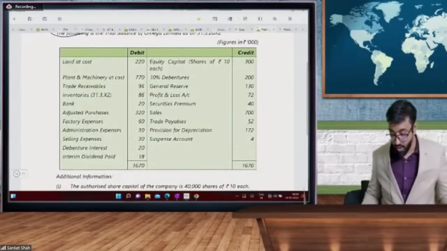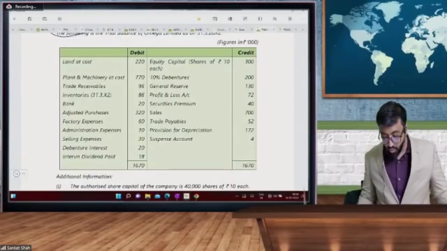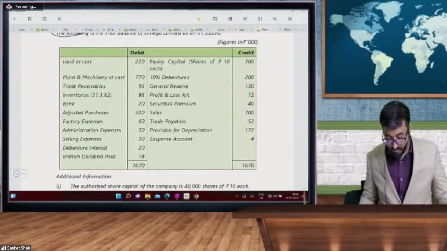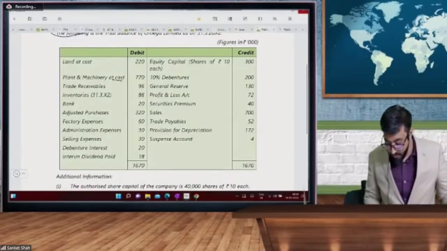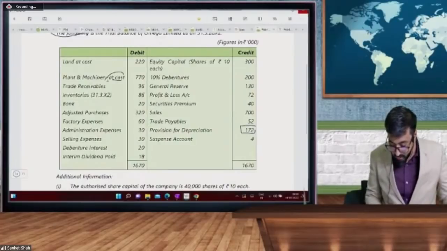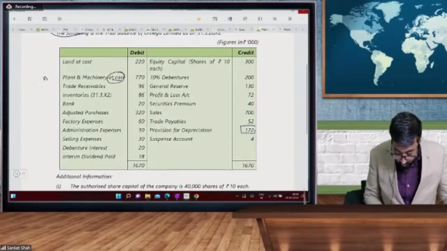Land at cost. Some important points I will give you at the end. Plant and machinery at cost. So beta, depreciation at cost means accumulated depreciation is opened. Accumulated means provision.